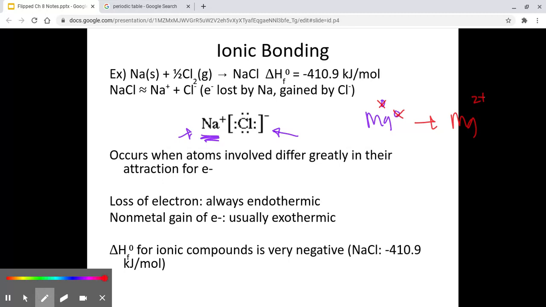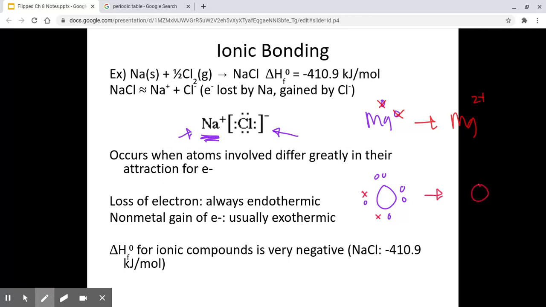On the other hand, if you're looking at something like oxygen, which is going to gain 2 electrons, you're going to draw the oxide ion's Lewis dot diagram with all of the electrons plus brackets plus a charge.